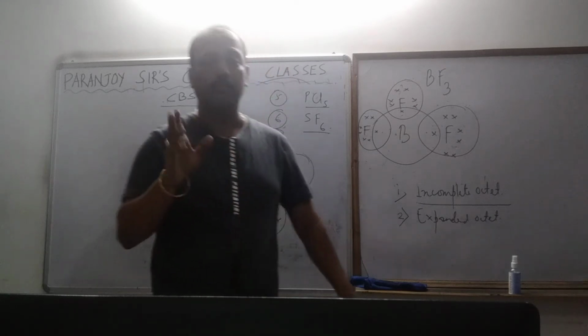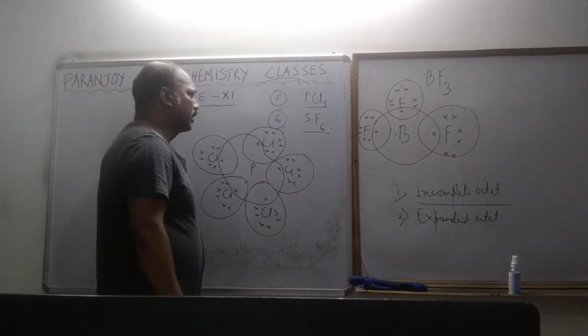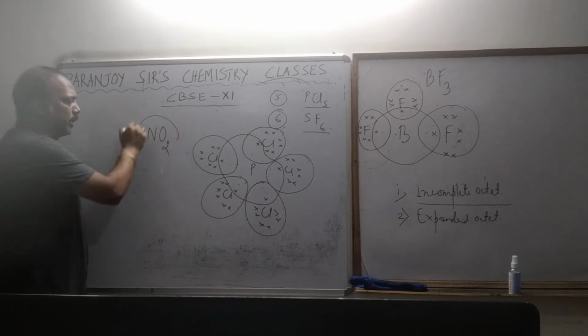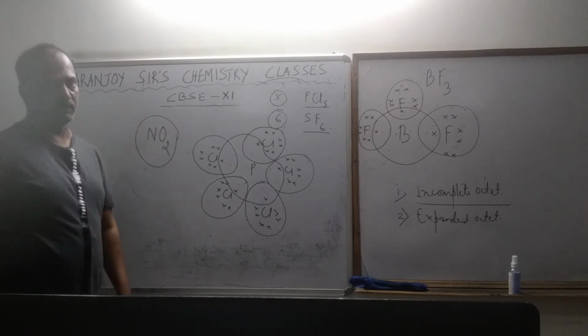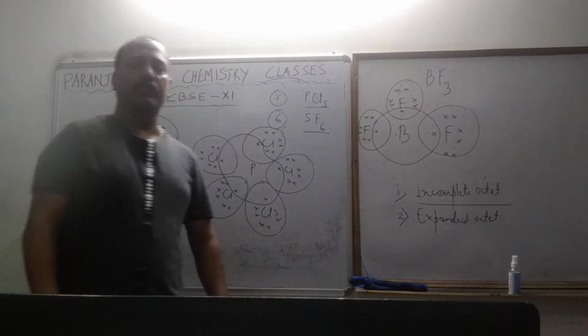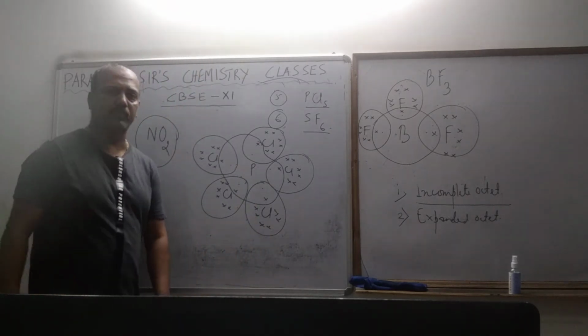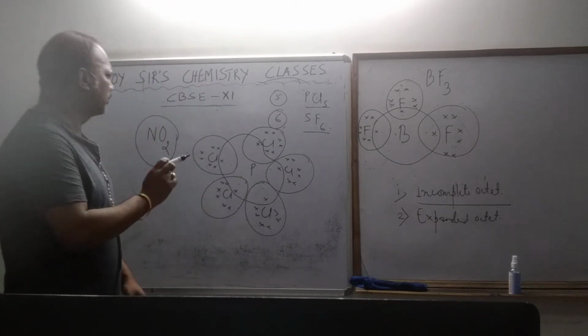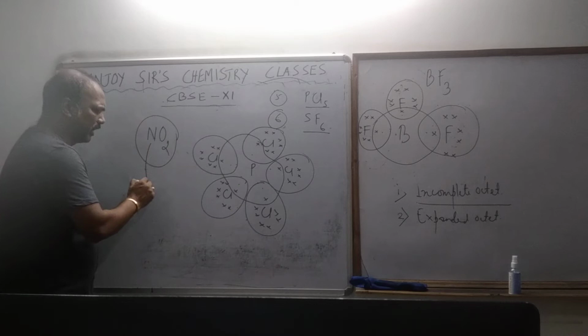Now some of you told me that you had done it for NO2. I don't know how you did the Lewis dot structure for NO2. It's very surprising to me because it cannot be done. Why can it not be done? The number of valence electrons in nitrogen is 5, right?